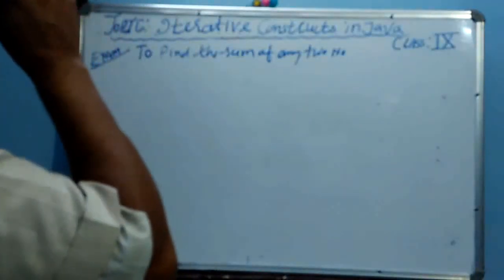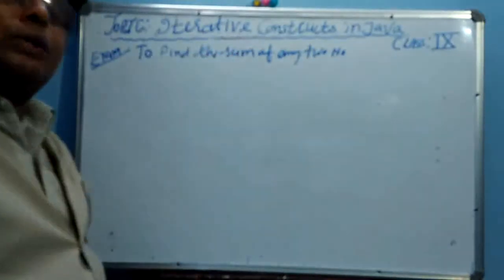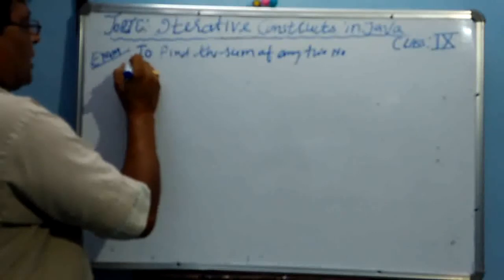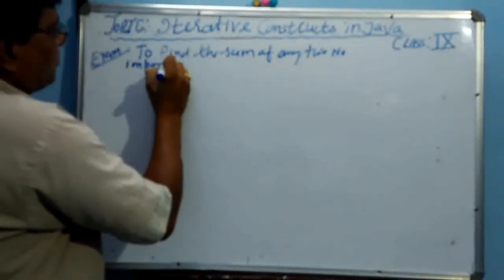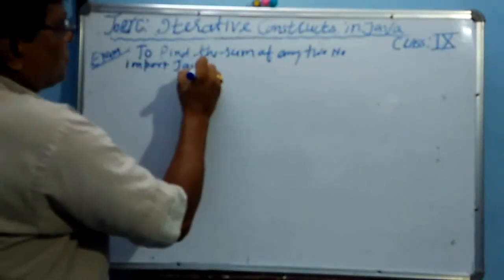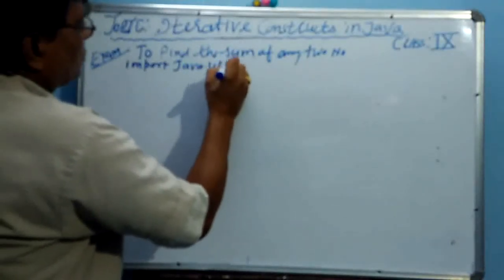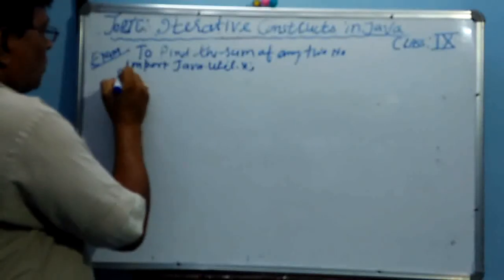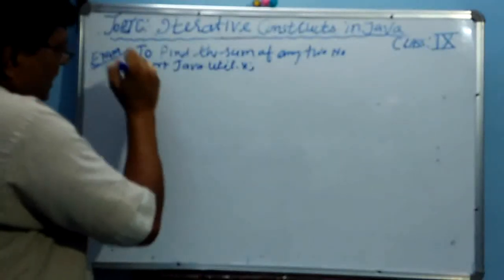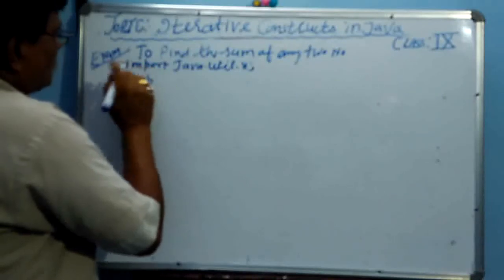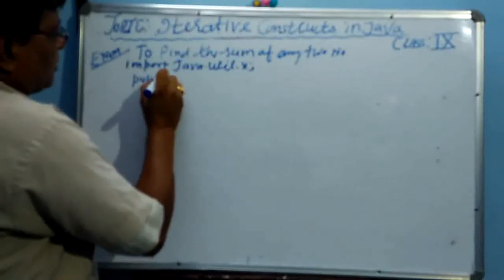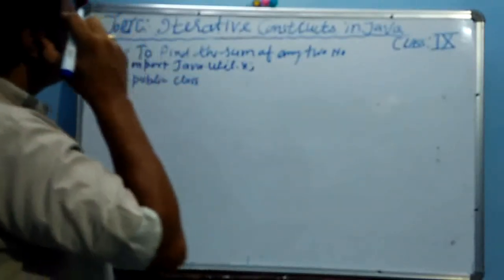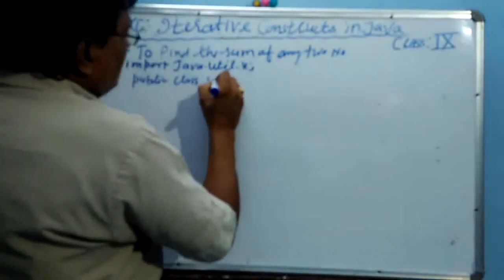First of all, we will write a program to find the sum of two numbers. Second line is import java.util.*. Then we have to define the class: public class sum.